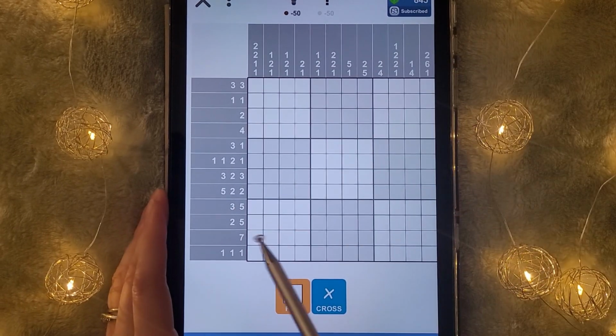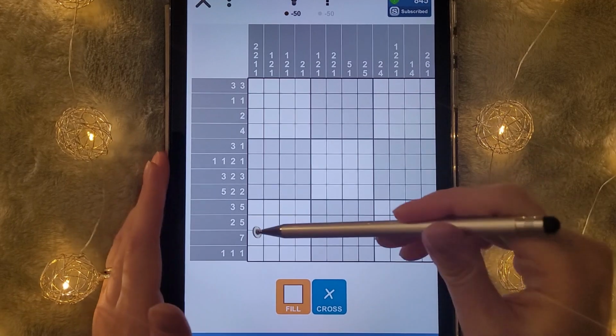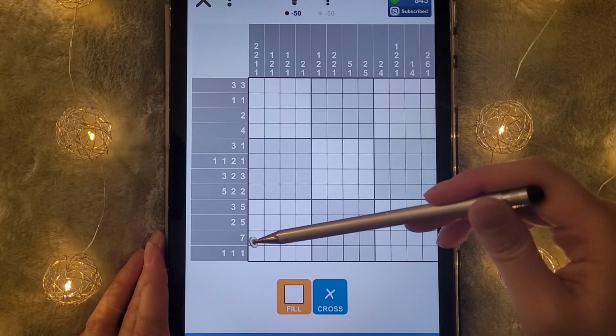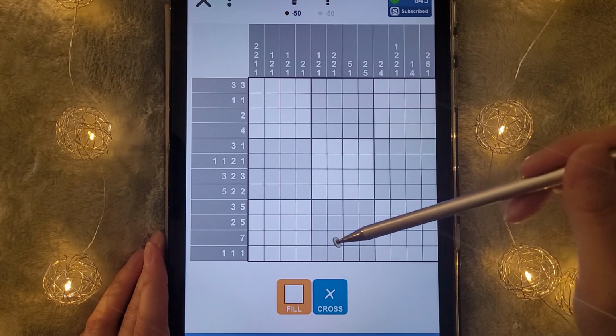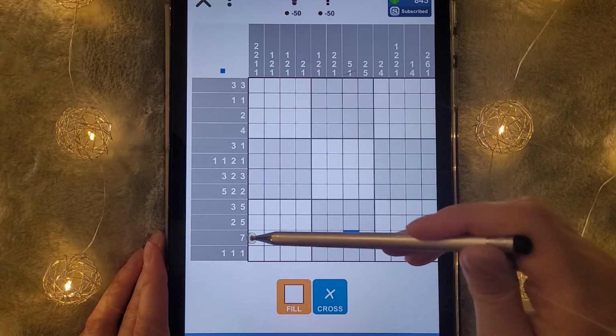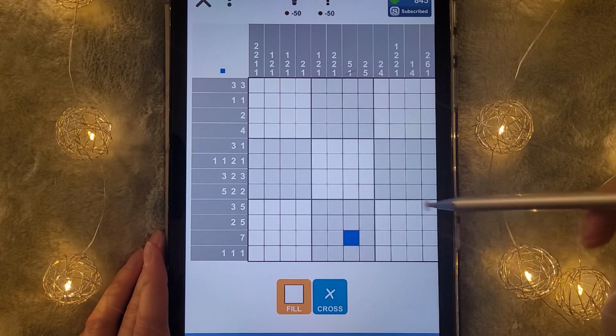But I do see one with a 7, and so I know that for the 7, I can count in 1, 2, 3, 4, 5, 6, 7. So if the 7 happened to start all the way over here, that's as far as it would get.